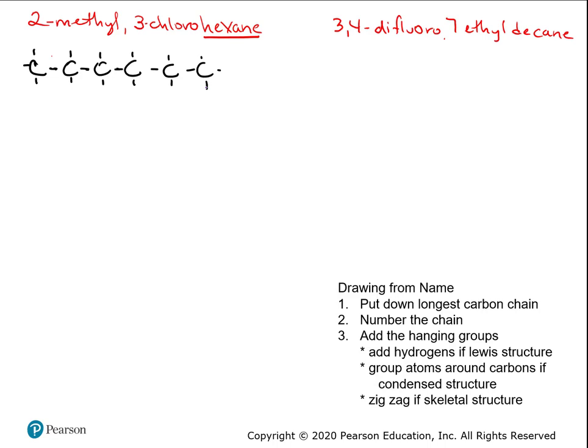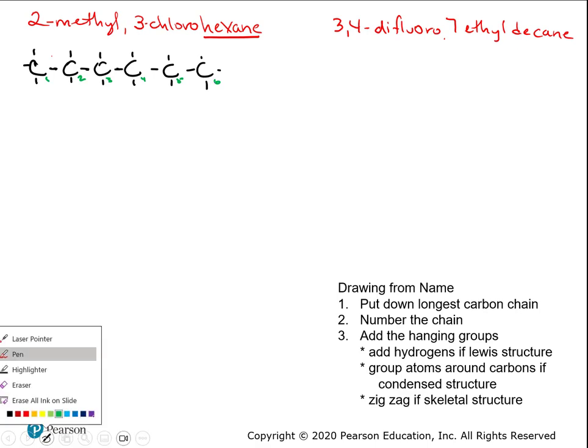Second thing now, you can number it. Most people number left to right because that seems like a normal order, kind of like reading. If you want, you could go right to left just to mess with my head, it doesn't matter. So this is carbon 1, carbon 2, 3, 4, 5, and 6. All that's doing is numbering the chain. And so now, where do I put the methyl? Hanging off of carbon number 2.